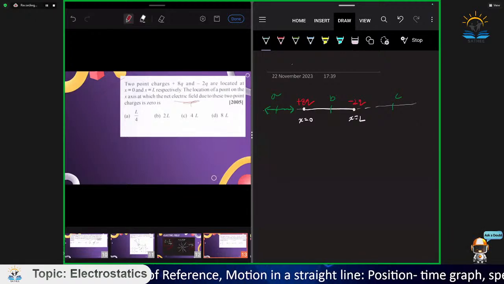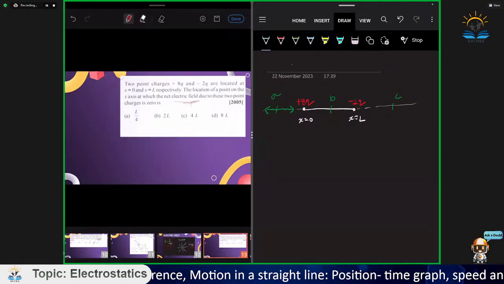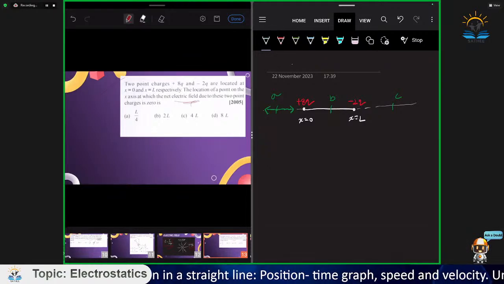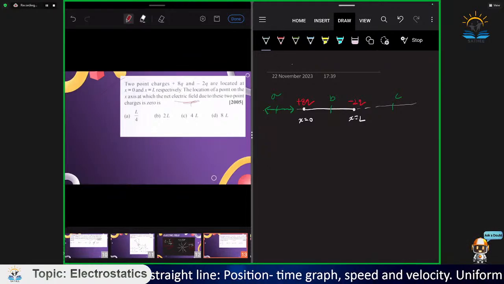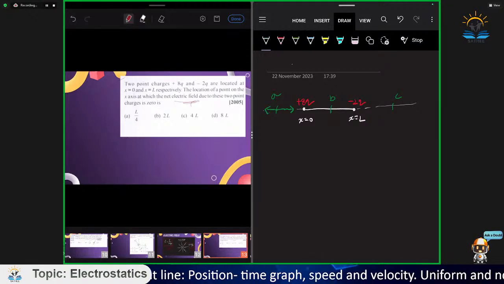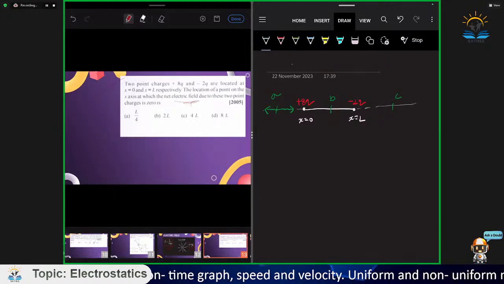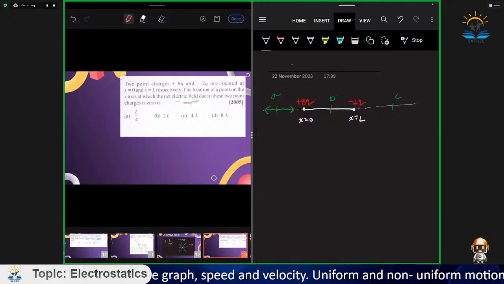This never will get cancel each other. Why? Because this larger charge is at small distance and small charge at larger distance. So by proportionality, this will never get cancel each other.